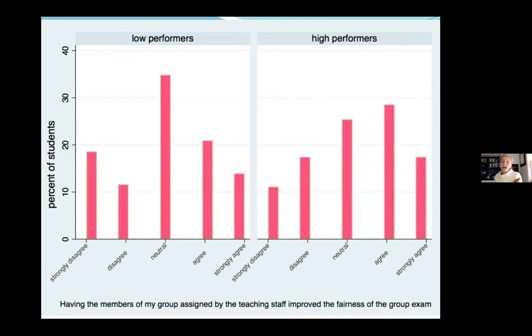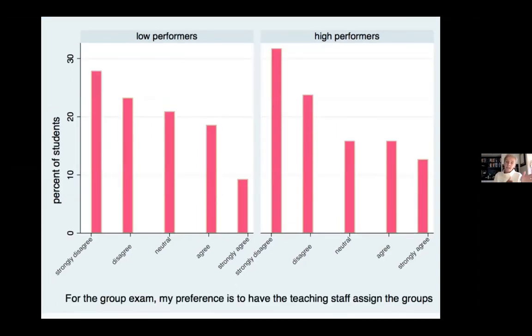You can see that high performing students, interestingly, agree more with the idea of the staff assigning the groups than the low performing students. And then if you go to the next one, regardless of whether you're a high performer or a low performer, you would still prefer to pick your own groups.